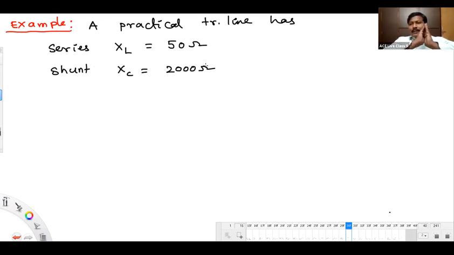Forget about all the other things, just listen to whatever I am saying. Series inductive reactance 50 ohms. Shunt capacitive reactance is 2000 ohms. Now, could you please tell me what is the series impedance value? Series impedance value, jXL, in the sense it will be j50 ohms.